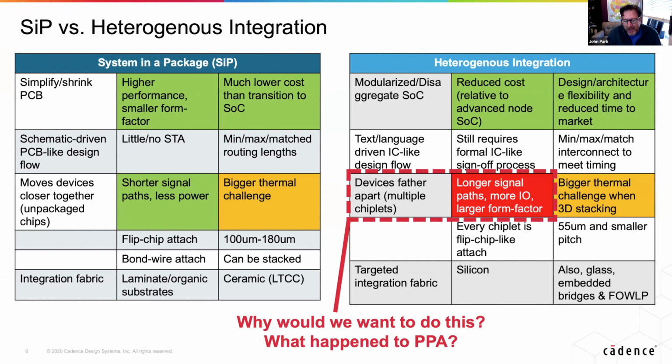They each have their own IO buffers. So unless we start 3D stacking, the form factor is going to be bigger, definitely in the X, Y coordinates, and in the Z coordinate if you do start stacking. So you end up with longer signal paths, more IOs, larger form factor. Those don't seem like good things if you're used to designing SoCs. That's the opposite of what you've been focused on for the last decade plus.